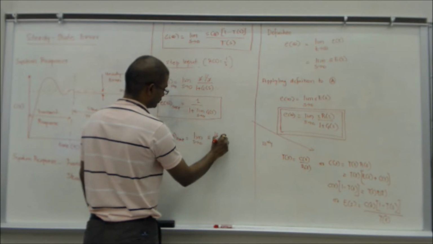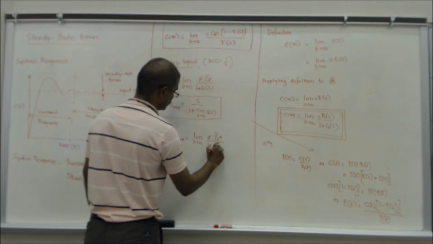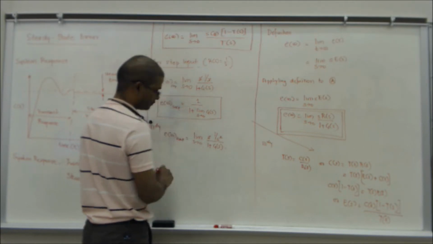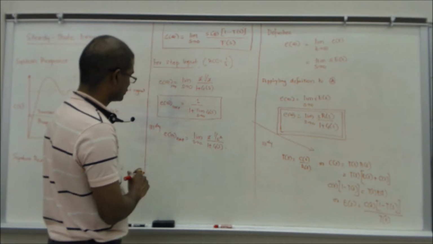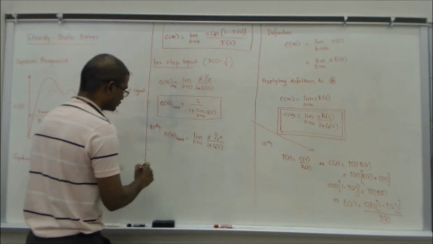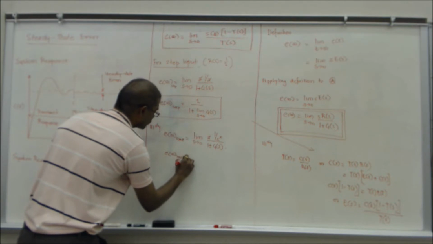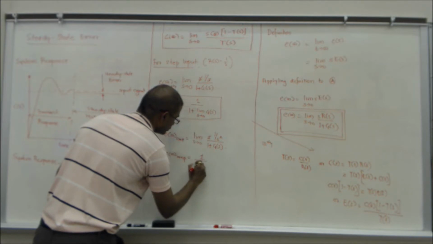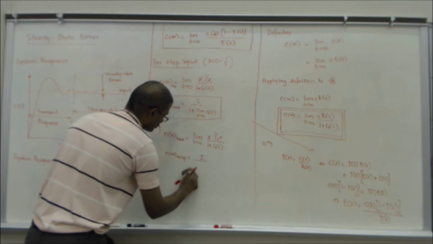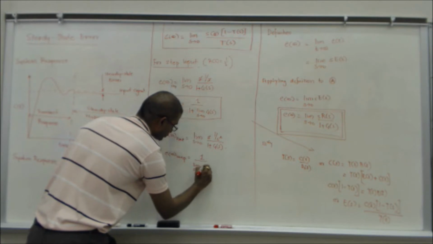And then simply 1 over limit S tends to 0.